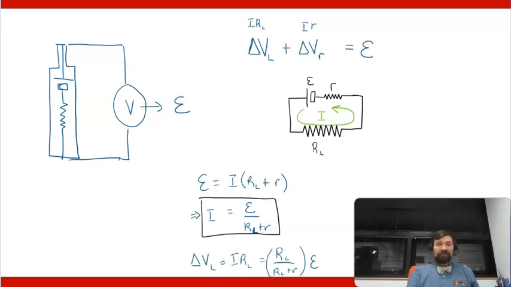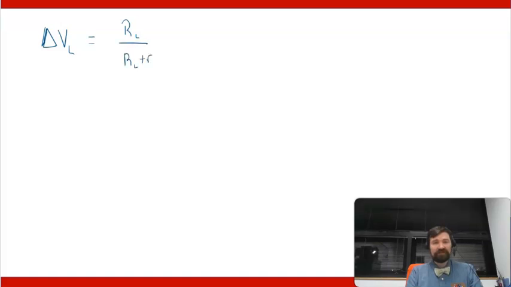Now, suppose that we take some limits here. So again, let's write that out. Delta V load, the terminal voltage, is the load resistance divided by the load resistance plus the internal resistance, all times epsilon.